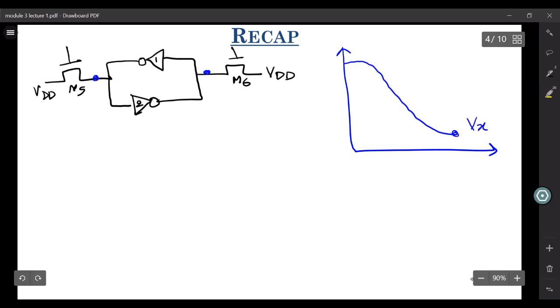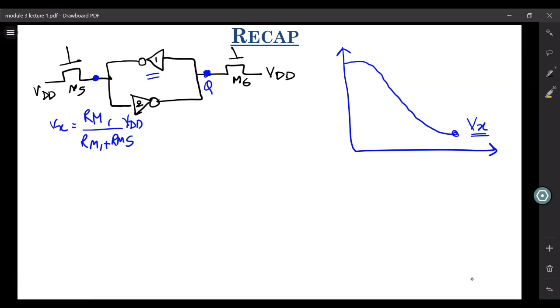This Vx arises because, when Q is VDD, this NMOS turns on, and M5 and the NMOS of inverter 1 form a potential divider pair. Vx is the potential given by Rm1 divided by Rm1 plus Rm5, times VDD. So this is your Vx. That potential divider leads to this Vx.